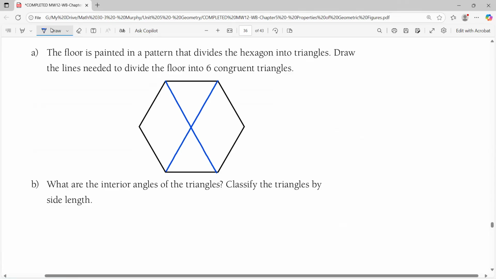Okay, like that. And then straight across. Okay. So if you do that, all these sides are equal.